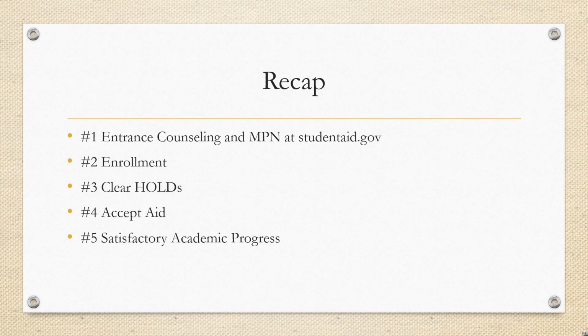So let's recap quick. Number 1, entrance counseling and promissory note at studentaid.gov. Very, very important. Please fill those out. Drop everything, fill those out now. You log in using the same username and password you used to fill out the FAFSA, and that's how you would do those. Number 2, the enrollment. Make sure you're enrolled at least half time.